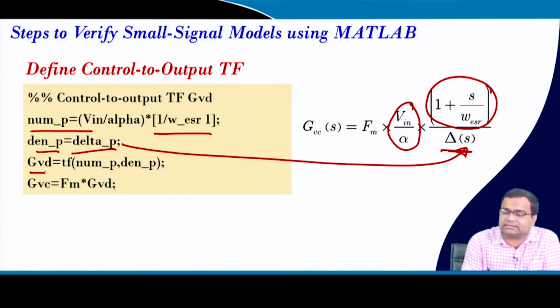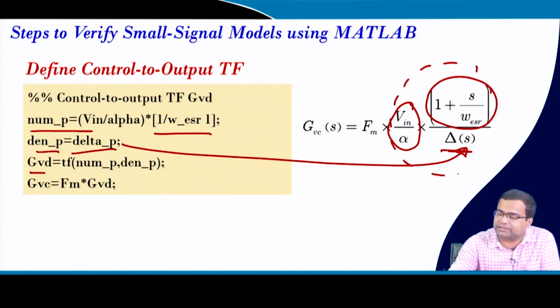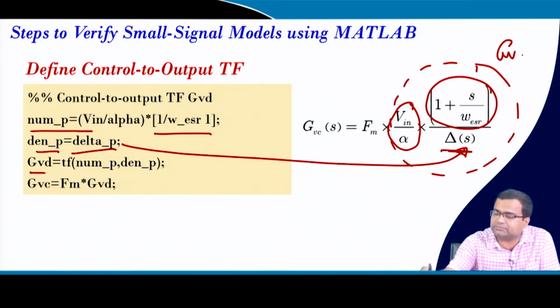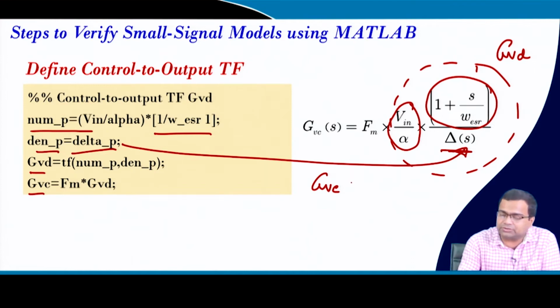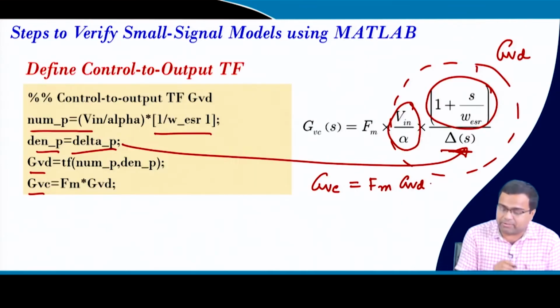This transfer function is my GVD. And what is my GVC, the control to output transfer function? It is my FM into GVD. Now, remember what is GVD?